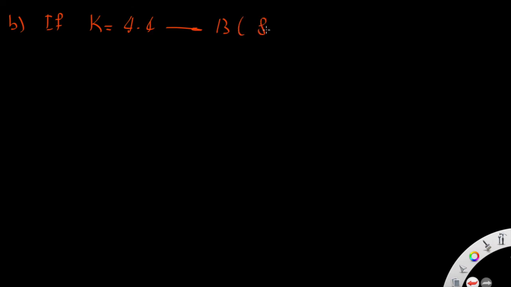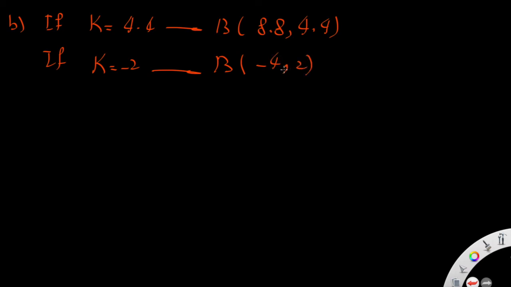Just replace k in coordinates of B. B will be 8.8 and 4.4. And if the other possibility for k was -2, if we replace it, B was -4 and -2. Then you can easily construct them.